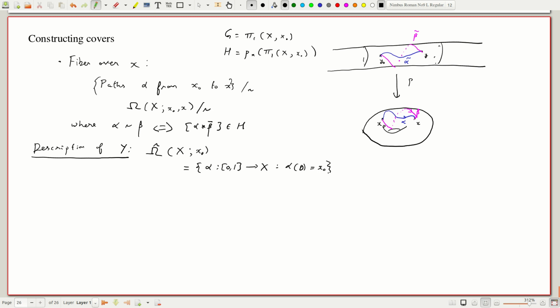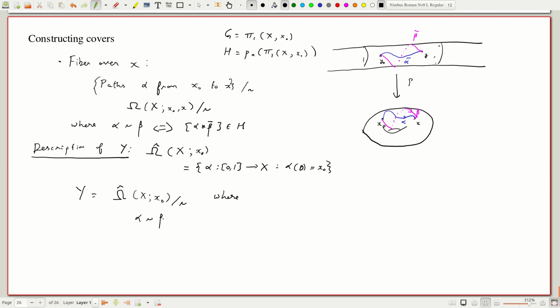So let's look at all paths starting at X0 and ending at various points. And whatever point it ends at, we'll get the fiber over that point by looking at Y as omega hat, as I called it, of X semicolon X0, by an equivalence relation, where now you have to be a little bit careful.